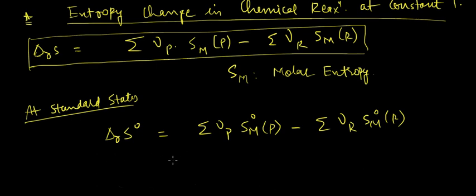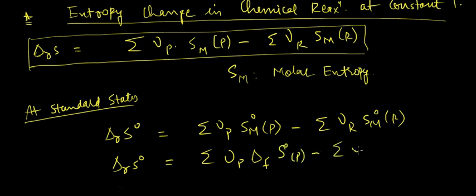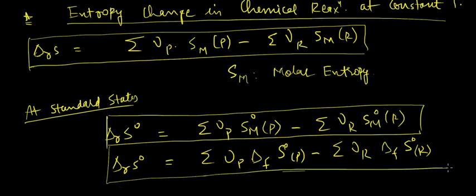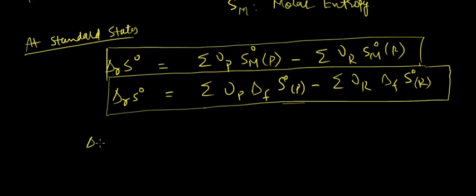Similarly we can also write that delta rS naught can be equal to summation of gamma p times the entropy of formation of products minus summation of gamma r times the entropy of formation of reactants. So just remember them. Where delta fS naught would be equal to standard entropy of formation.